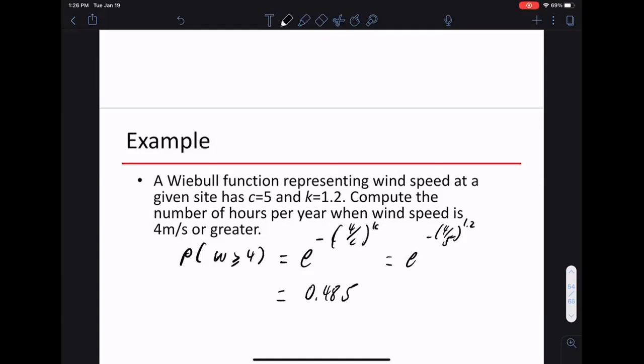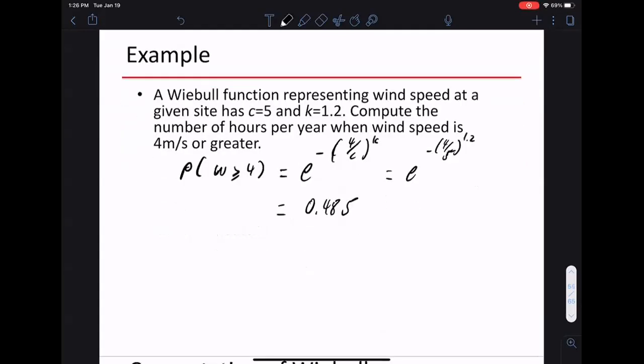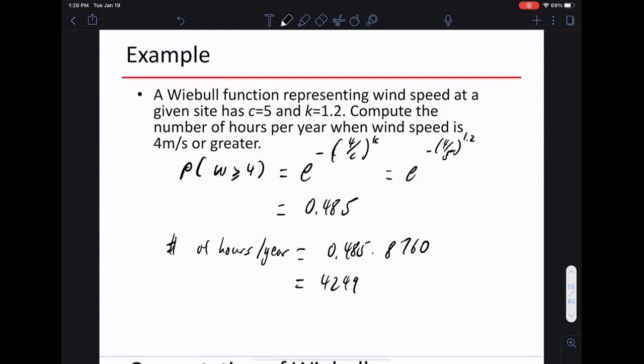So a little bit less than half the time. The number of hours per year is 0.485 times, again, the number of hours in 1 year. So a little bit less than half the time, we have wind speed of 4 meters per second or greater.